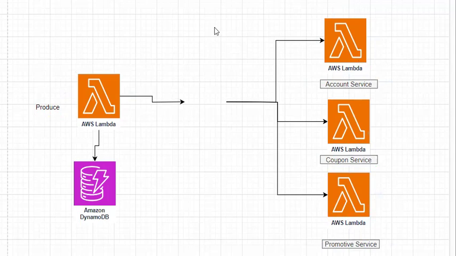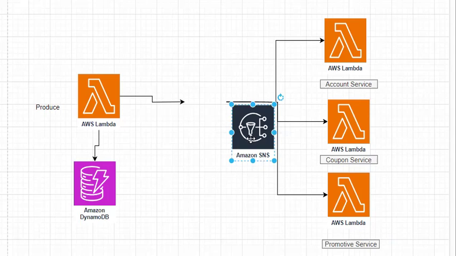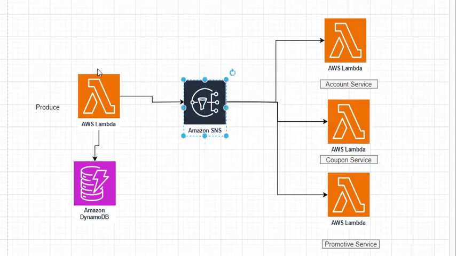Yes. So how do we do that? In order to do that, we have a service. What is that? SNS. By using Amazon SNS, we are able to process our data parallelly.